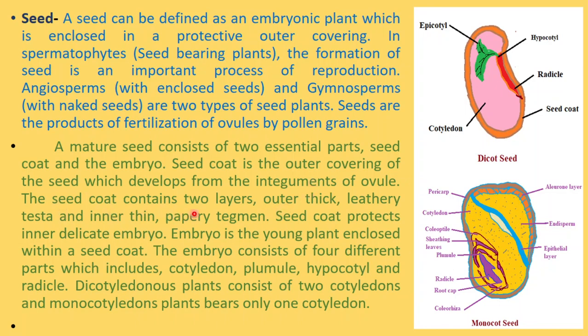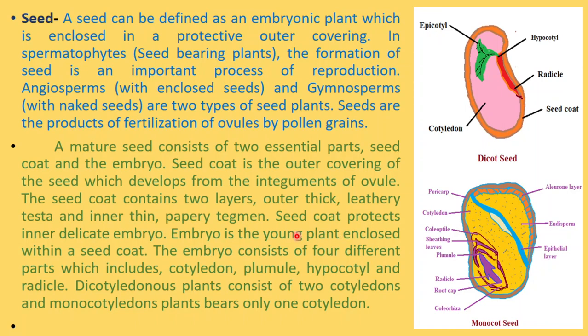The seed coat contains two layers, the outer thick and leathery testa and the inner papery tegmen. So this seed coat is made up of two layers. The outer layer is generally thick and leathery, and it is known as testa, and the inner layer is thin, papery, and known as tegmen.